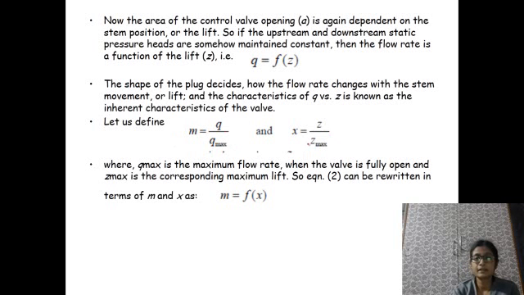So the equation can be written as M, that is the controller output, is a function of X, where X is the ratio of Z by Z max. So the controller output is a function of the stem movement.